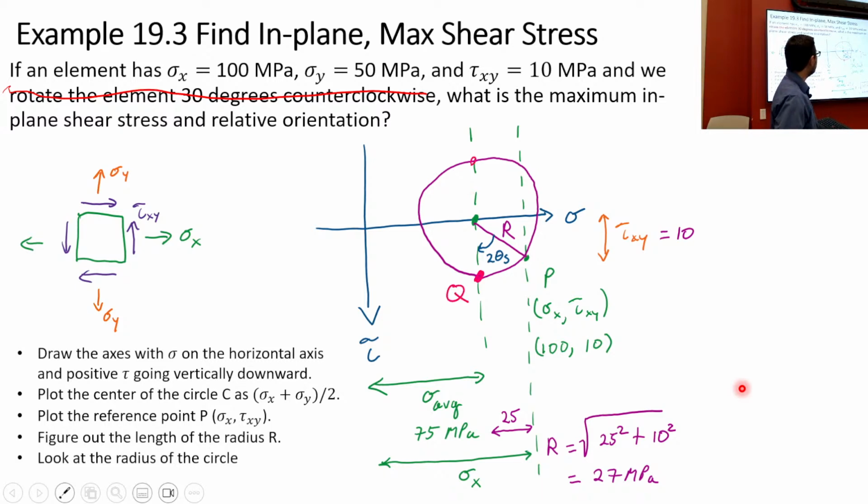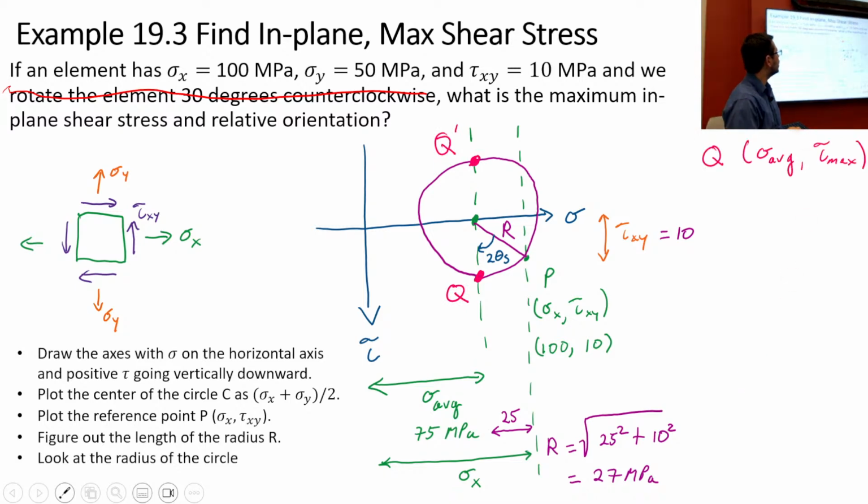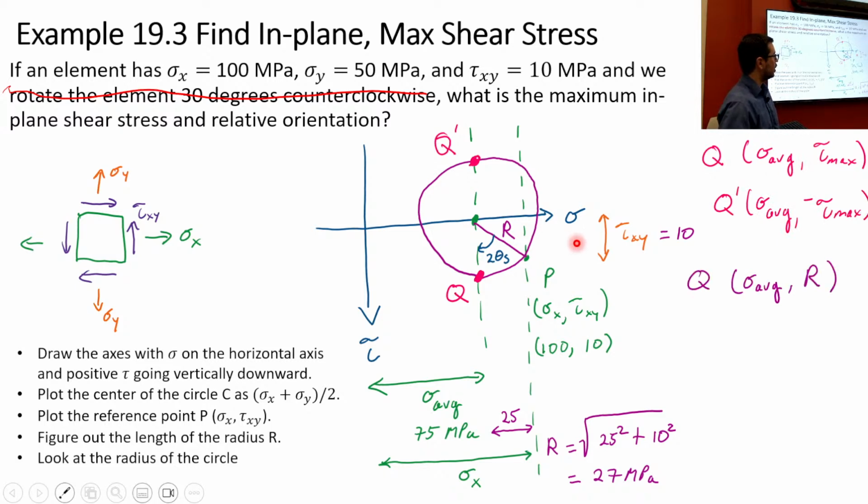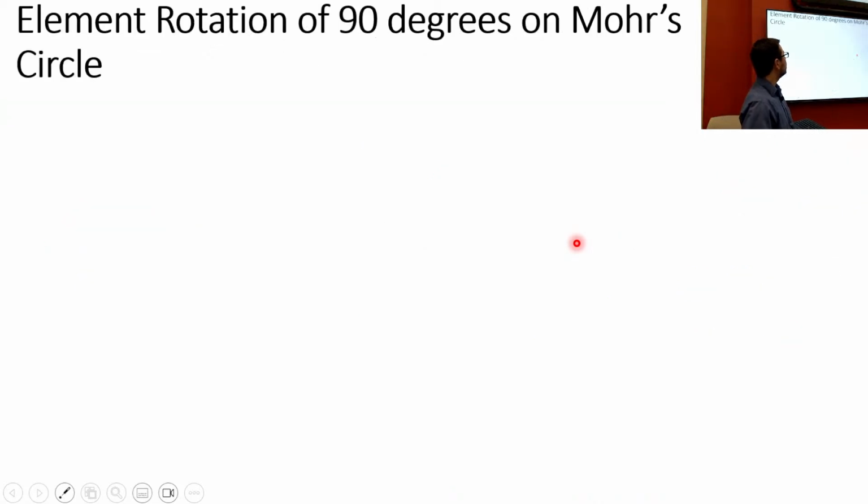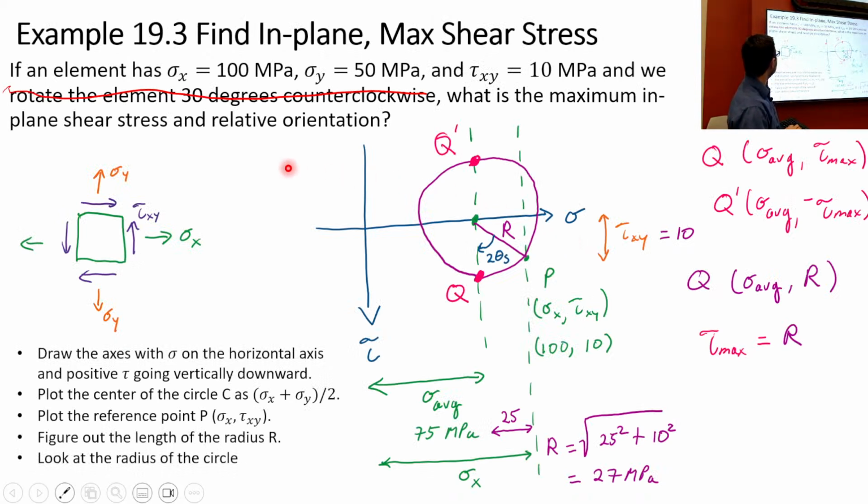We're down there, we're up there, that's where we have Q and Q prime. We already know the sigma average, and tau max is just going to be the radius, which we have right there. And if we want the angle, I didn't say the relative orientation.